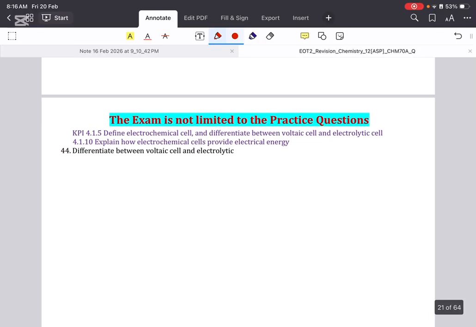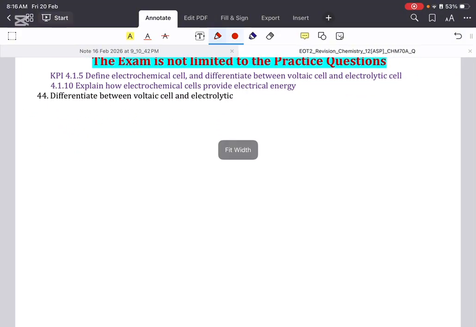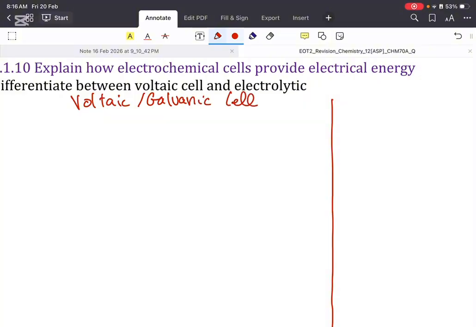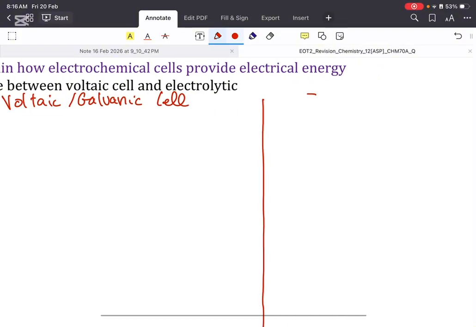Moving on. What's the difference between a voltaic and an electrolytic cell? Let me make a table here and start writing the differences. When we say voltaic, it means a galvanic cell, and electrolytic is the other type of cell.